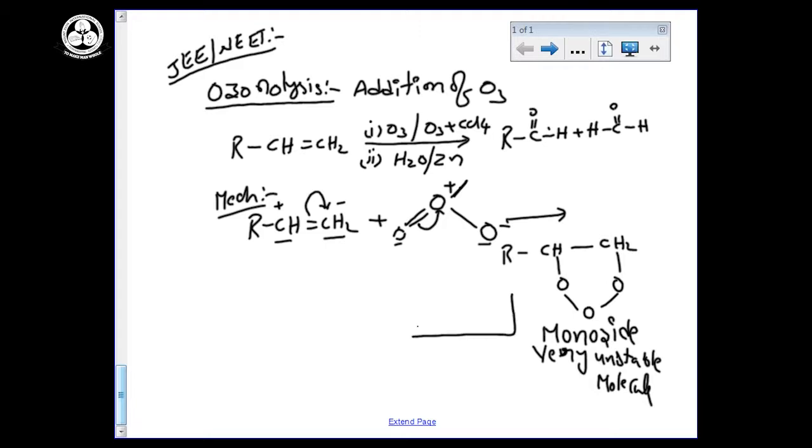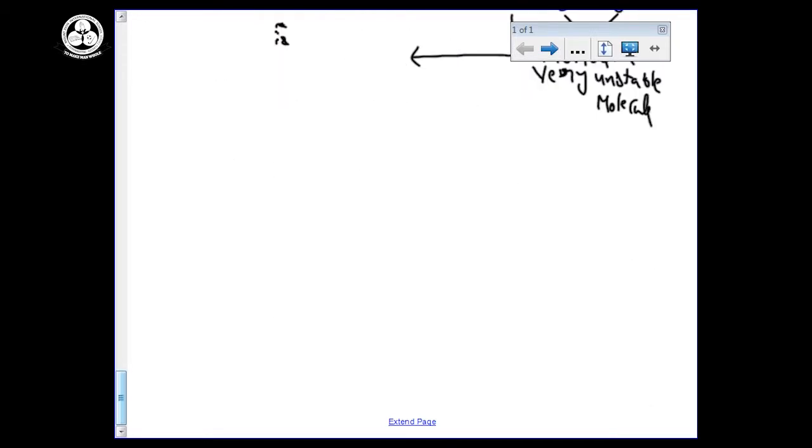So immediately it will be transferred into like this. So it will immediately convert into R CH O minus, plus H C double bond O H. So how will it be broken?